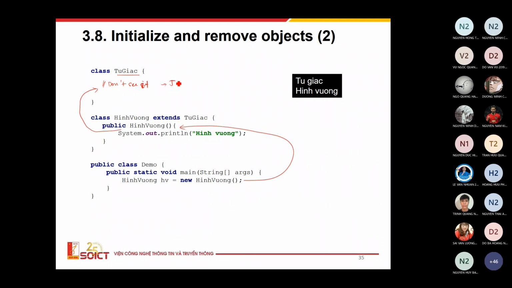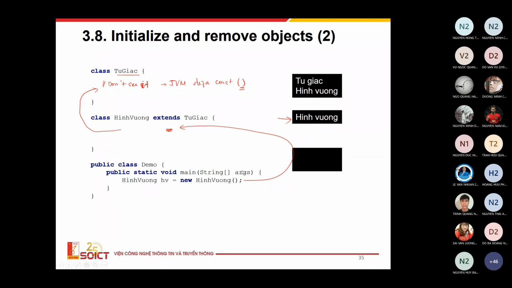The JVM will create the default constructor for you. Because there is no parameter, the default constructor here has no parameter. And the result prints only hình vuông. Okay, and it is the same thing when you don't have an explicit constructor: the default constructor is created, and nothing will be printed out. Okay.